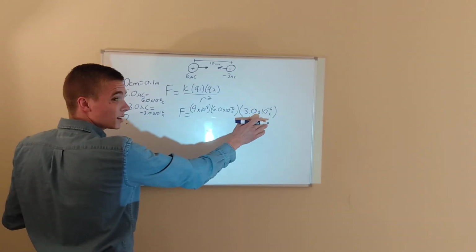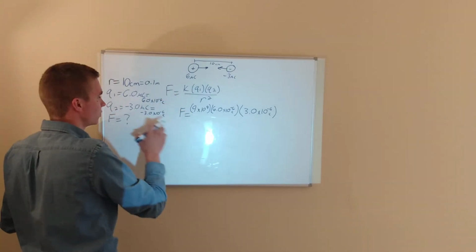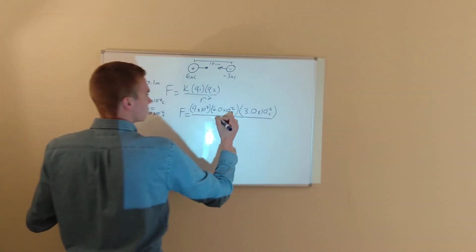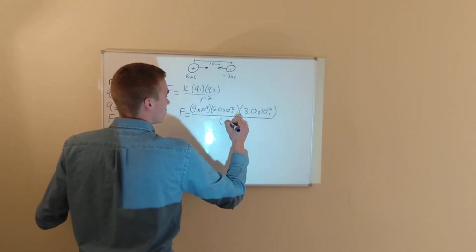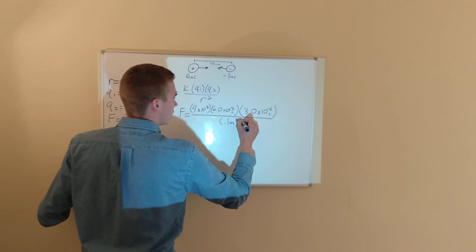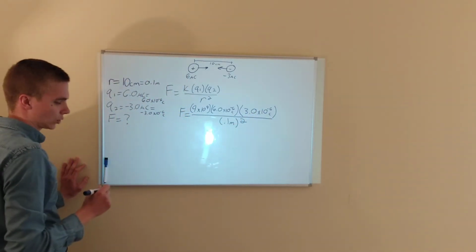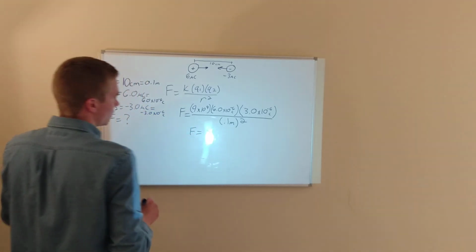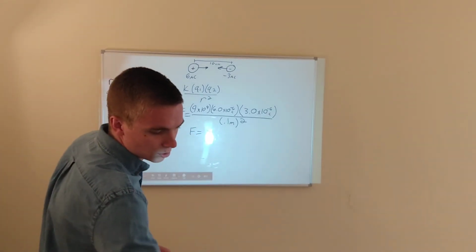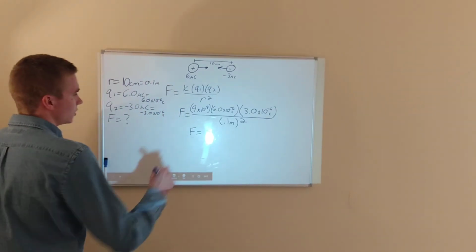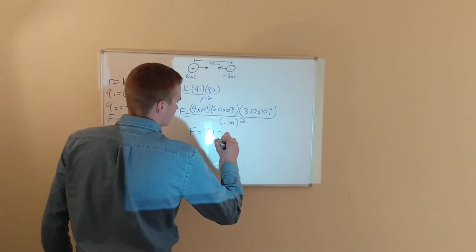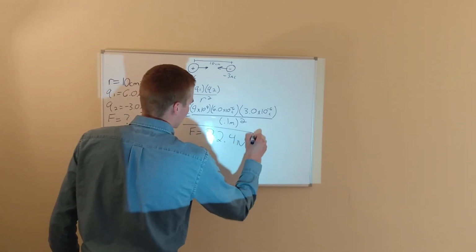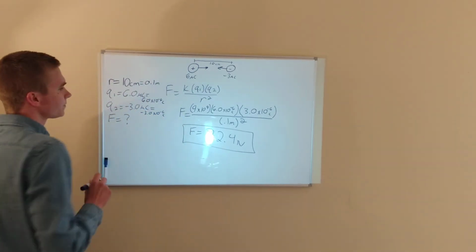I put in a positive value regardless of whether this is positive or negative, and I take all of that over 0.1 meter squared. Then I can go ahead and solve for F. When you do that, you get around 32.4 newtons.